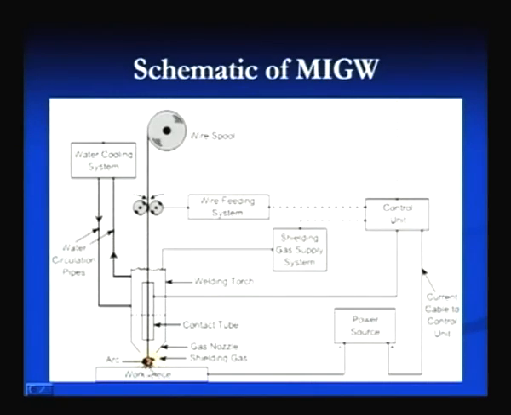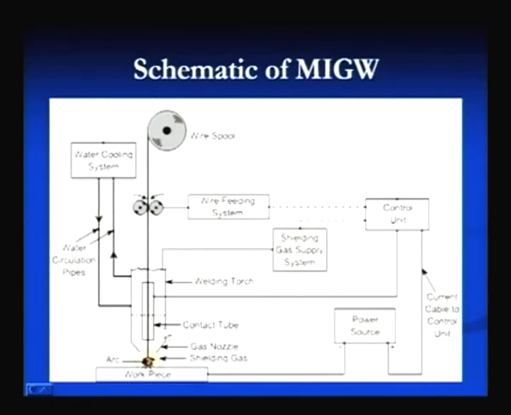So, here we can see there is arc, and around this wire here this is the nozzle through which the shielding gases are supplied to form a cover of the shielding gas around the arc and the weld pool, and thereby shielding gases help to protect the molten weld pool and arc region from atmospheric contamination.